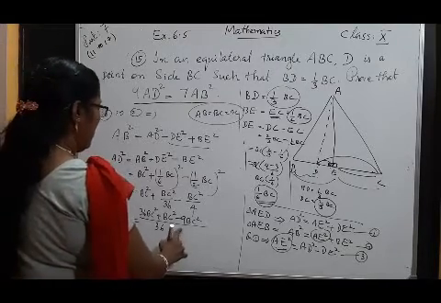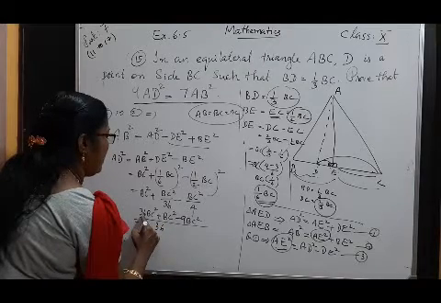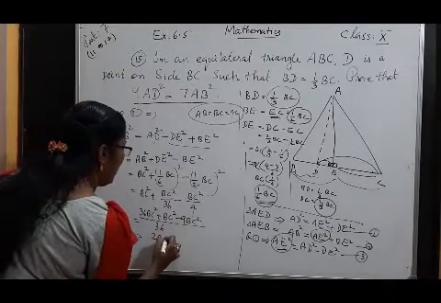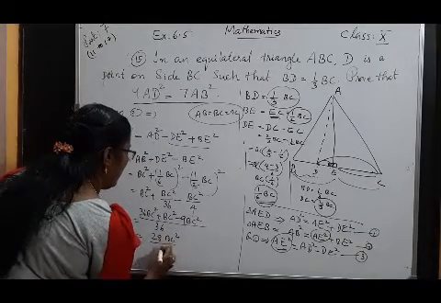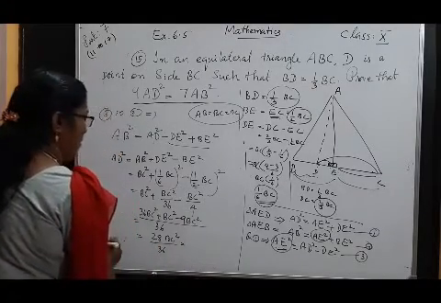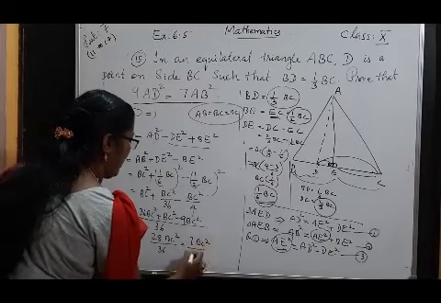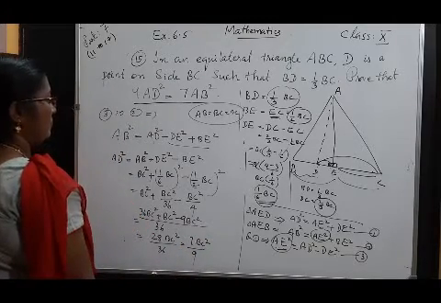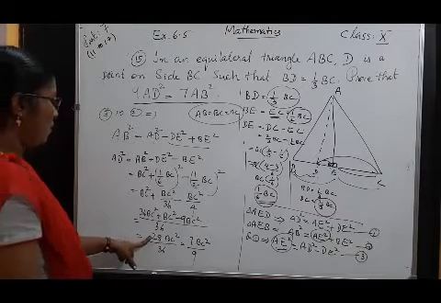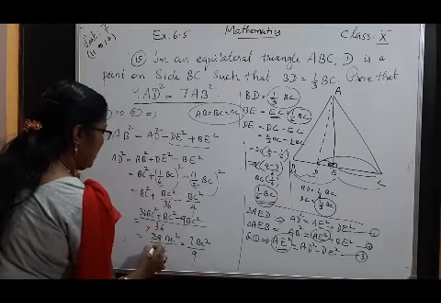Okay, this is 37 minus 9 equal 28 BC square by 36. How many times? 7 BC square by 9. Okay, by cancelling, dividing by 4, this is 7, this is 9.